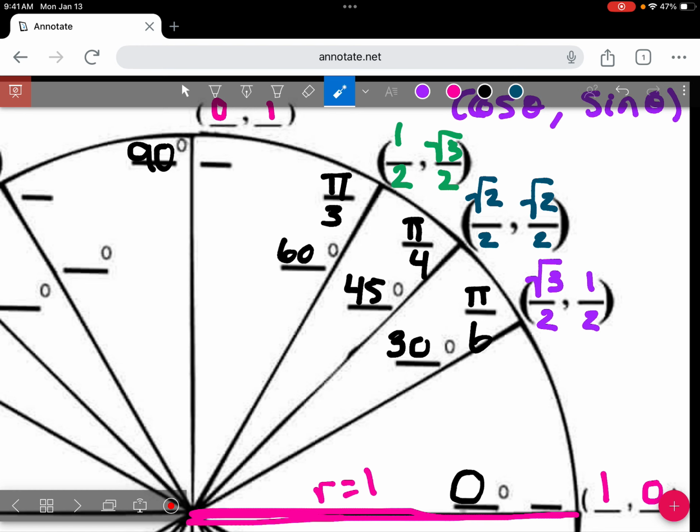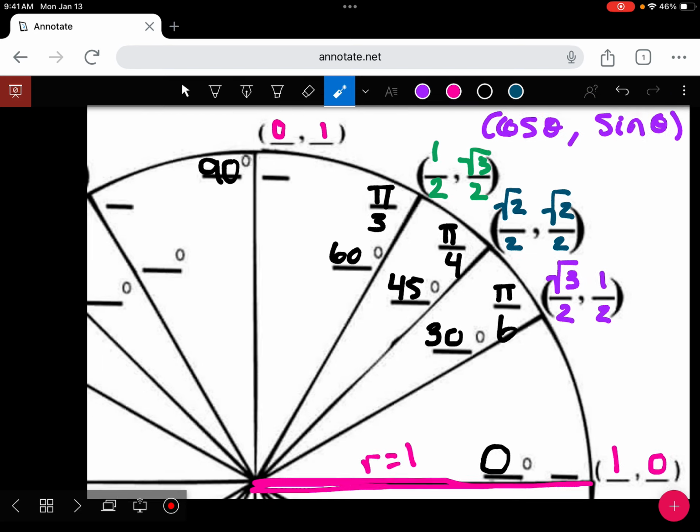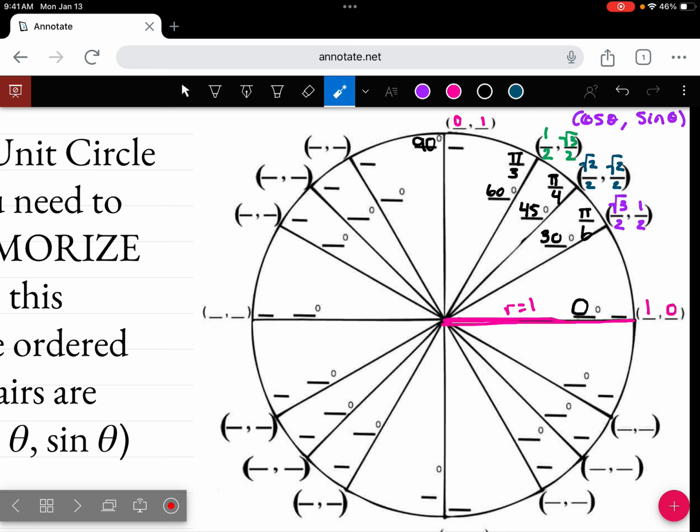So our ordered pairs are always going to be cosine and then sine. And what's really cool about the unit circle is since everything is based off of this first quadrant, those 6 values will actually fill in the rest of the circle. These reflect. The difference between quadrant 1 and quadrant 2 is if I bounce this over here, which value is going to be negative, my x or my y?